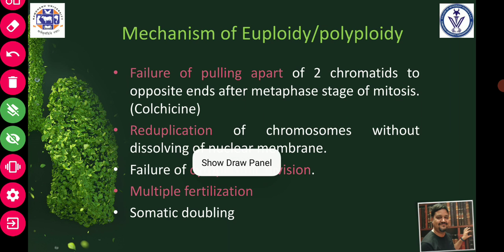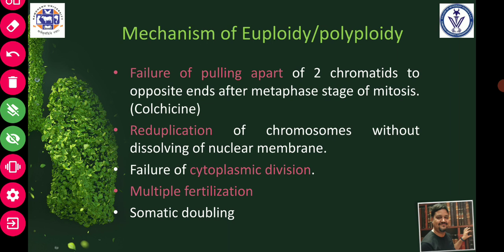Before seeing the details of these ploidies, let us see the mechanism of euploidy or polyploidy, how this polyploidy is generated. The first mechanism is failure of pulling apart of two chromatids to opposite ends after metaphase of mitosis.